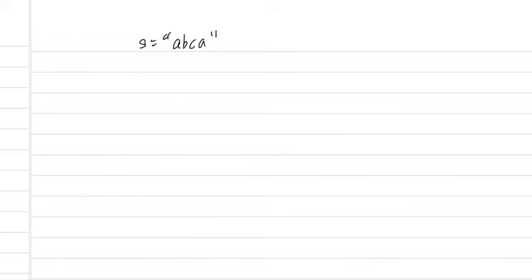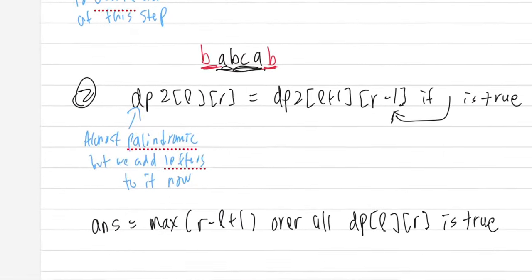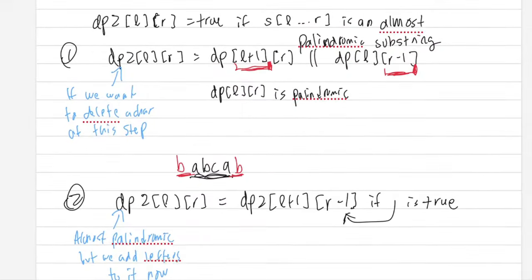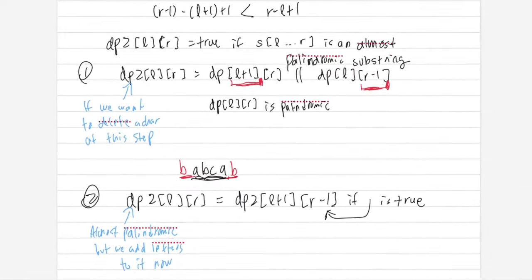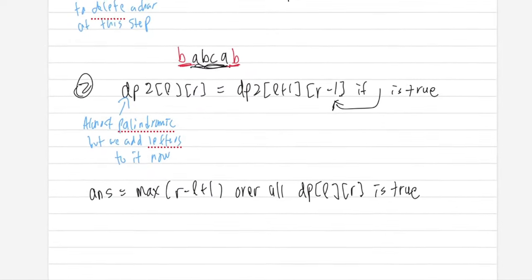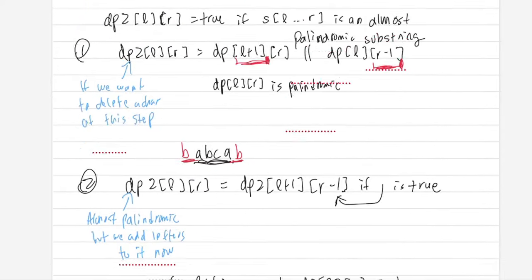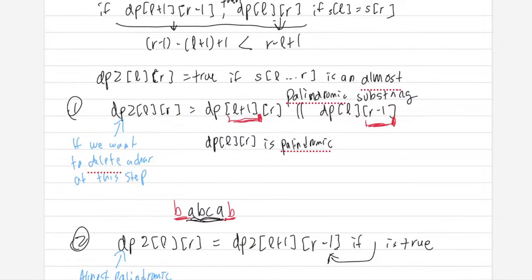So we're going to know that B is a palindromic substring, right? From the first DP, and then from our second DP, we're going to know that BC is going to be this palindromic substring from this first transition. Where is it? From this first transition, right?